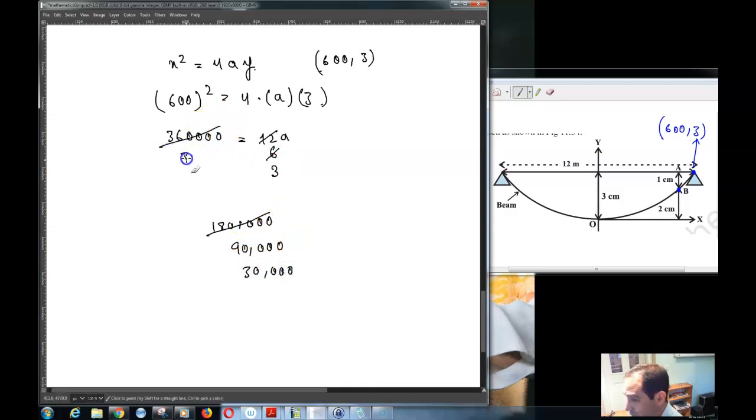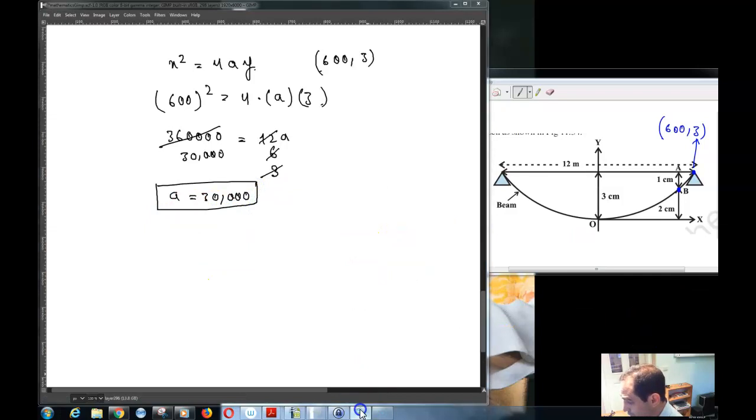So a is equal to 30,000, I suppose, if I'm not wrong. Let me check my answer first before going any further. Okay, 360,000 divided by 12 is equal to 30,000.